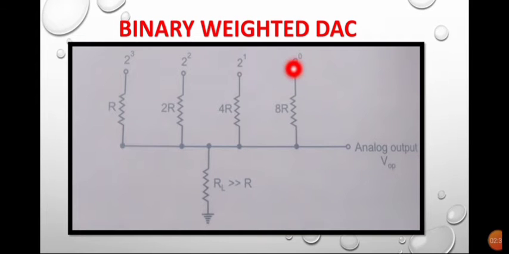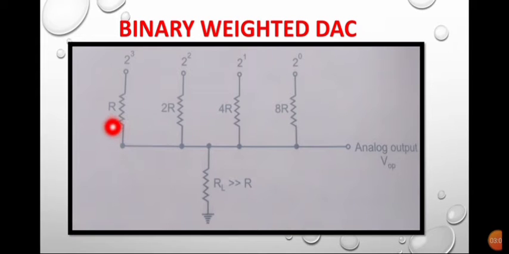So here we apply the digital input in binary weighted form, that is 2 raised to 0, 2 raised to 1, 2 raised to 2, 2 raised to 3. This is the binary weighted system. That means if the first input is 1, the next is 2, the next is 4, the next is 8. It increases in binary weighted form. Hence it is known as binary weighted DAC.